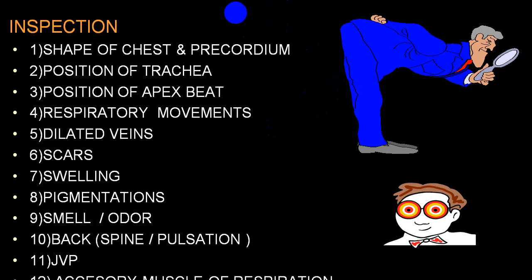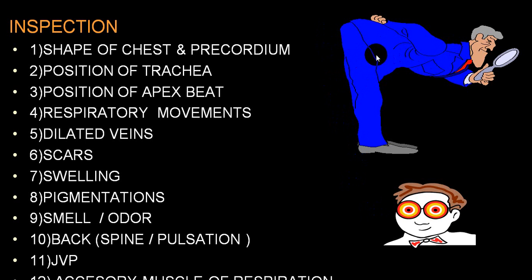We have also mentioned that when you do inspection of the anterior surface of the chest, stand on the right side, stand at the foot end, and while standing on the right or at the foot end, in erect posture, in little bending forward, and also sitting down and looking tangentially.